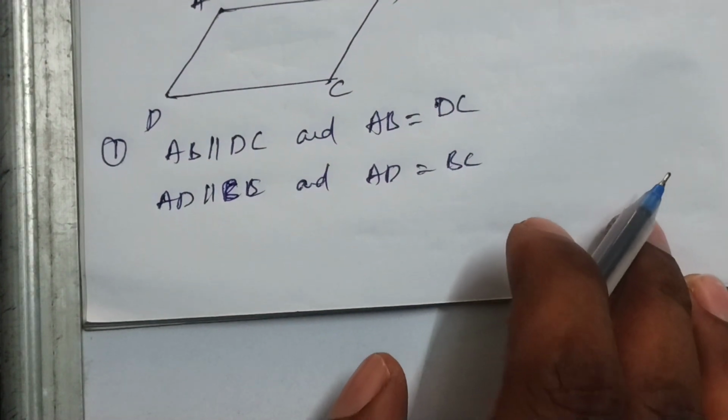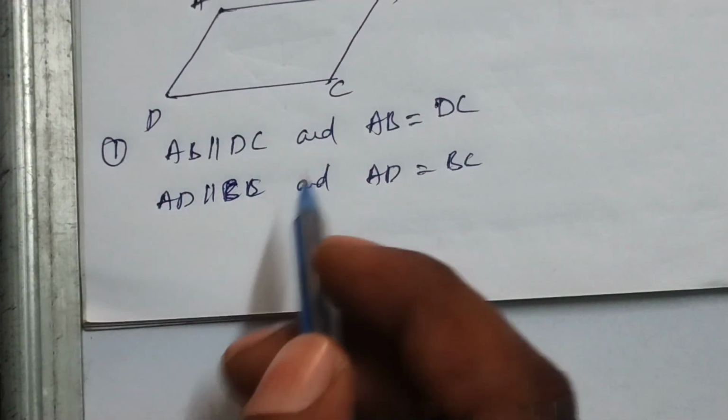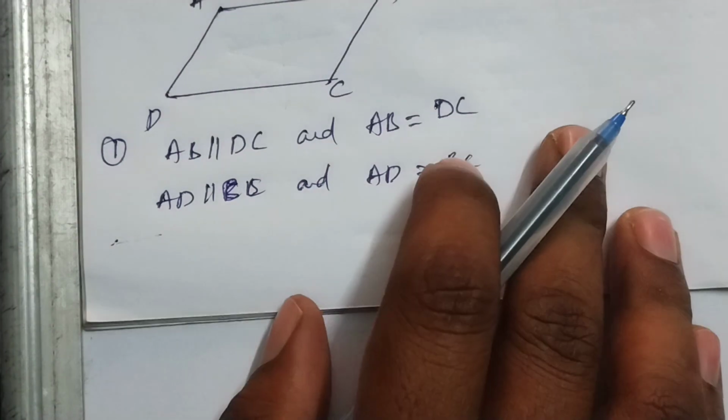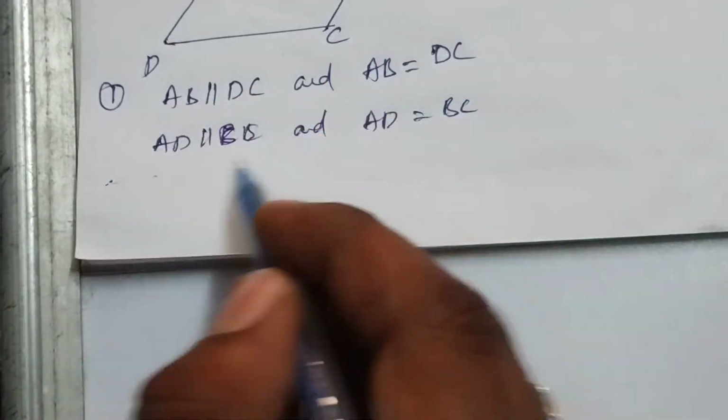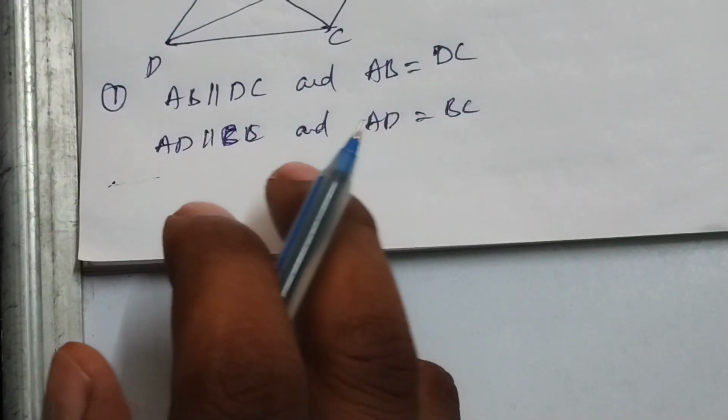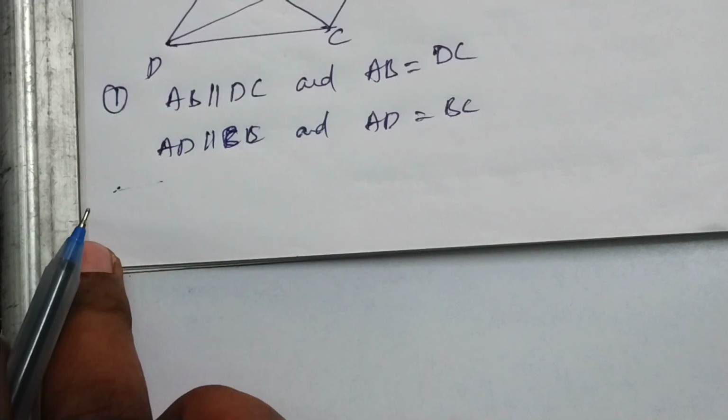Next, coming to the second, about diagonals. The diagonals AC and BD bisect each other.